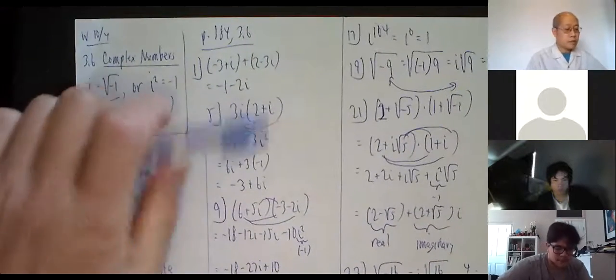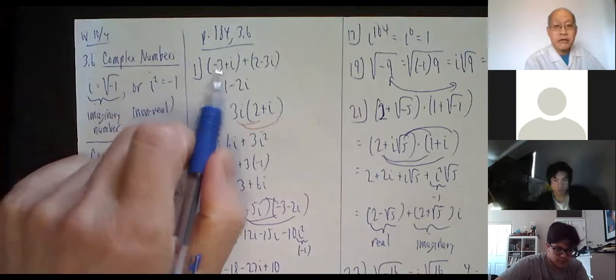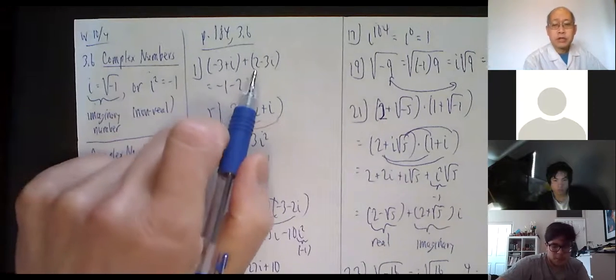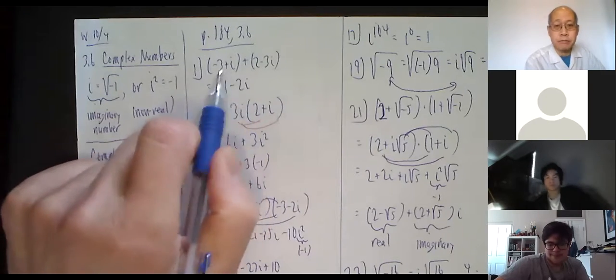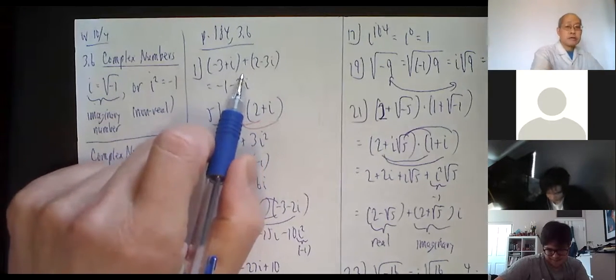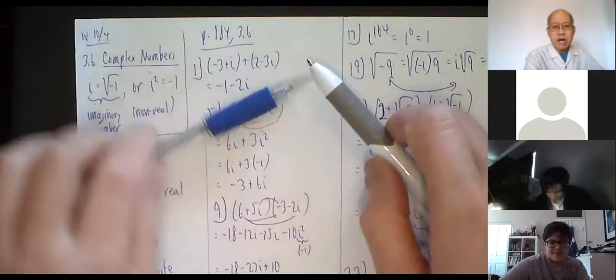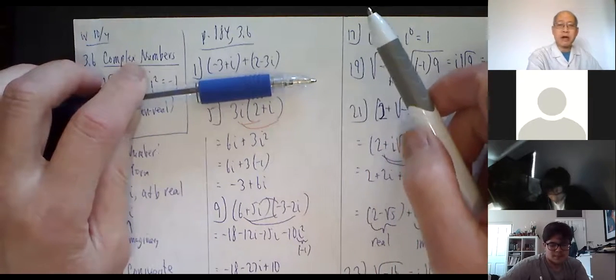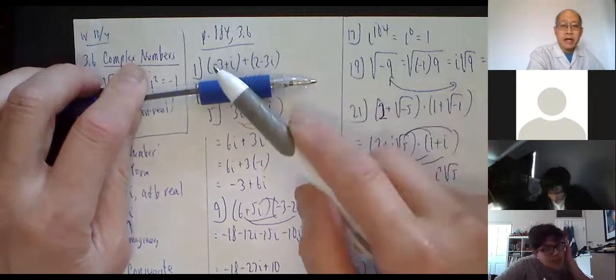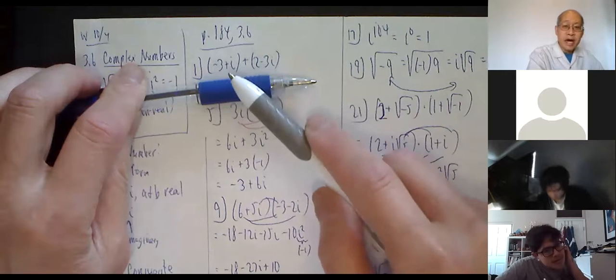Okay, number 1: -3 plus i plus 2 minus 3i. These are both what's called complex numbers. Suppose we add them up. You can probably do this without my telling you. If I said guess what to do, you'd probably get it right. You would combine the number with the number and the i with the i.